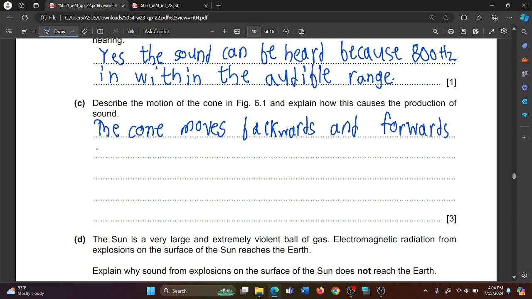Then for the second mark, we write causing region. Let's write region instead of regions, because of the third mark we need to write. You'll understand after I write the third mark. So causing region of rarefactions and compressions.